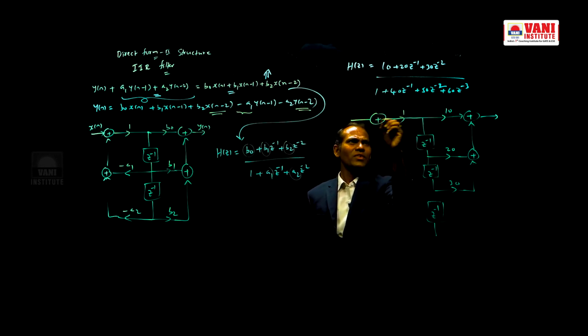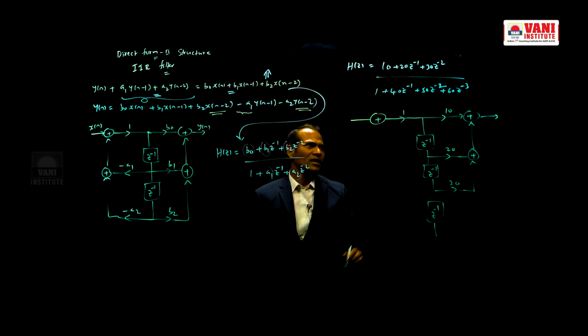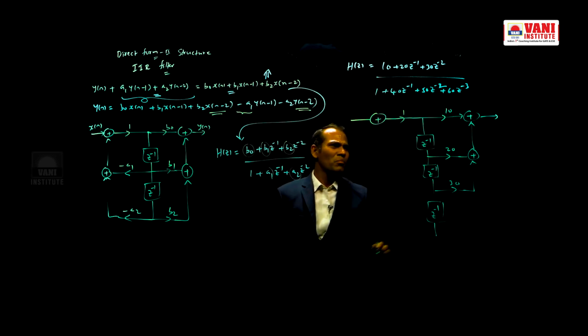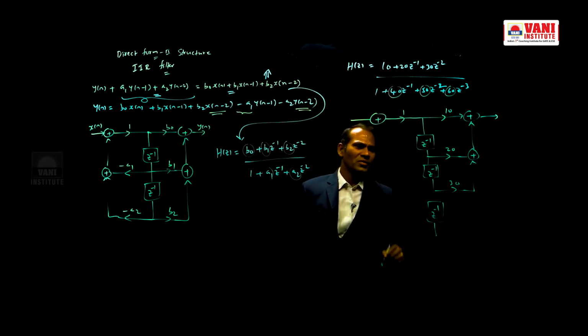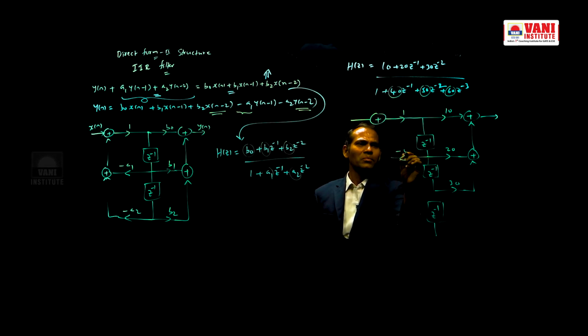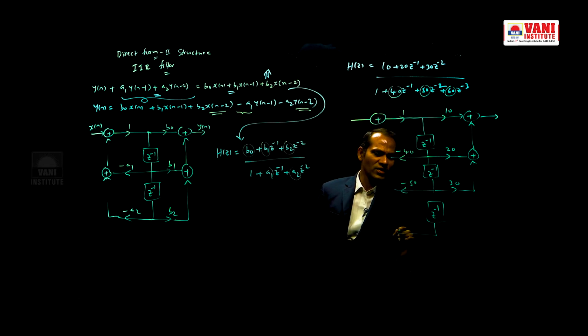Always this number is 1, always the signal flow is in this manner, and these numbers will come with opposite sign. So here 40 is there, that is why here minus 40. This number will be minus 50, this will be minus 60.